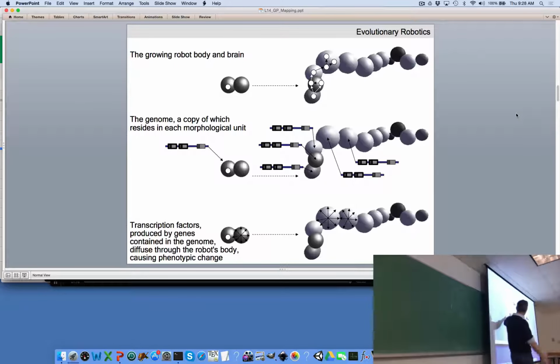So this long set of numbers is represented by the thin blue bar here. And then inside that set of numbers, there are particular numbers that say, I am the beginning of a gene. And the next 7 numbers dictate how that gene works. So evolution can, by changing the numbers in this raw string of numbers, create, modify, or delete genes that are embedded in this long string of numbers.